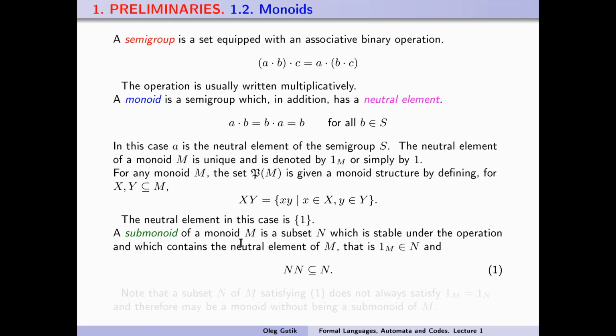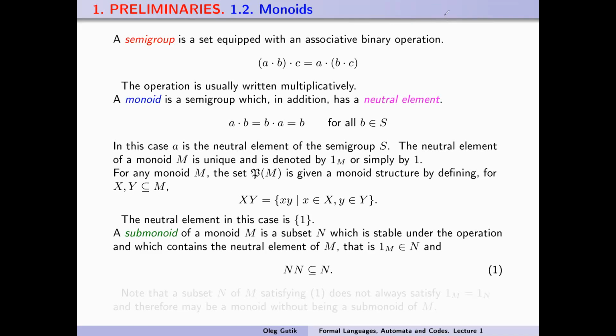A submonoid of a monoid is a subset which is stable under the monoid associative binary operation, and which contains the neutral element 1M of the monoid M, yeah? That is, 1M belongs to N, and N multiply N is a subset of N. This means the following, that the set N is algebraically closed in M. What does it mean?